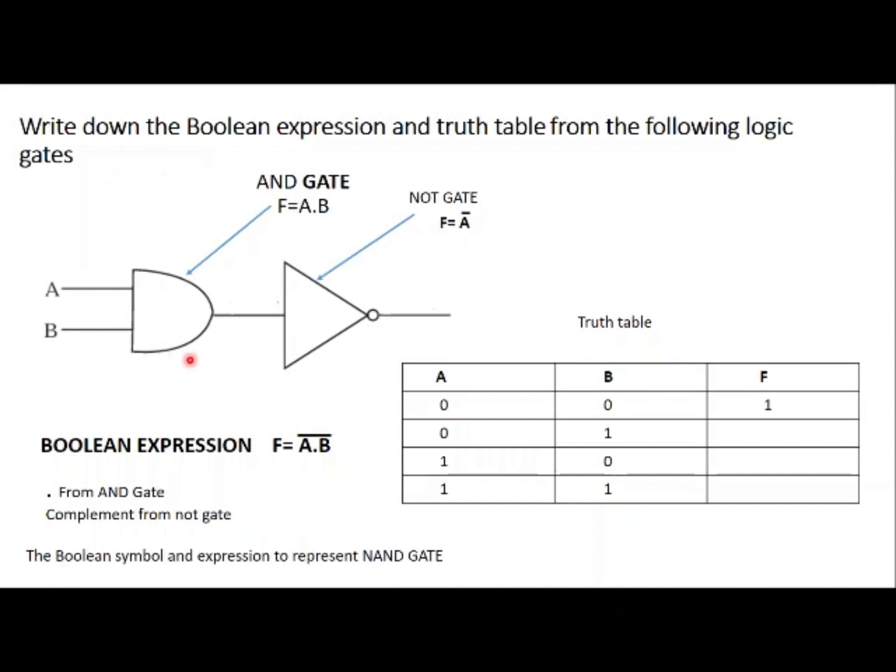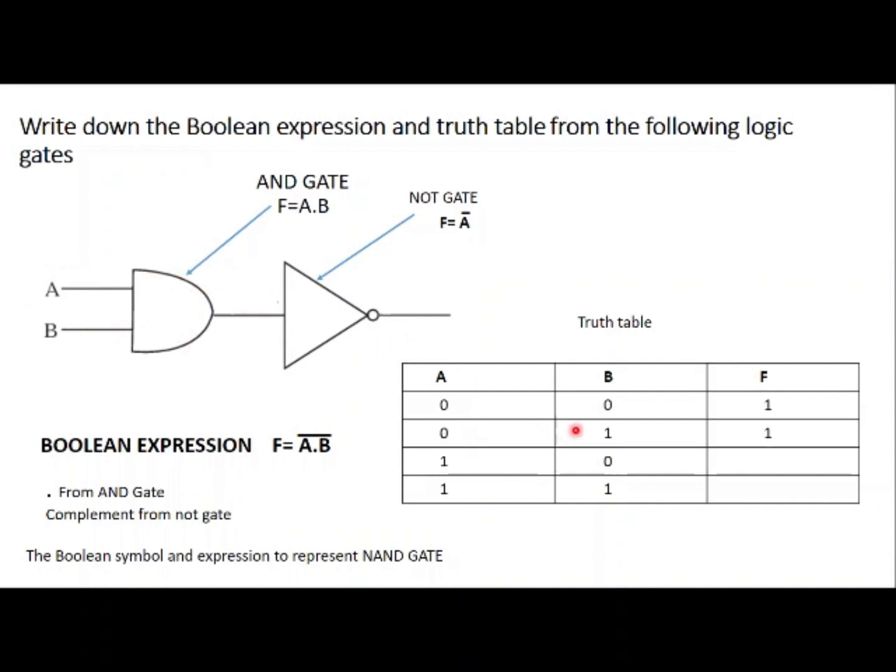So first, 0 dot 0 would be 0 according to the AND gate. And then the complement, that would be 1. Here, see 0, 0. When it goes through the AND gate, it would be 0. And when it goes through the NOT gate, it would be 1.